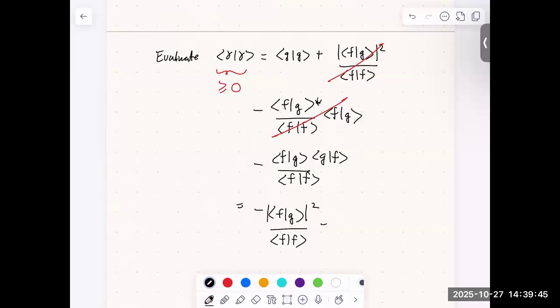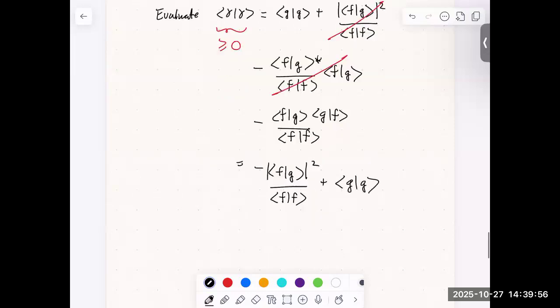And then plus g inner product with itself. All right. So we're almost where we want to be. So I'm going to multiply by f and its inner product with itself. So we could say that, let's see.